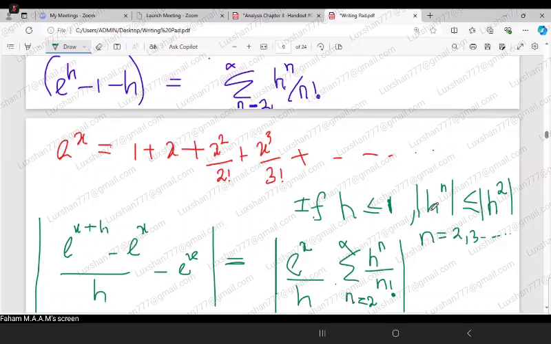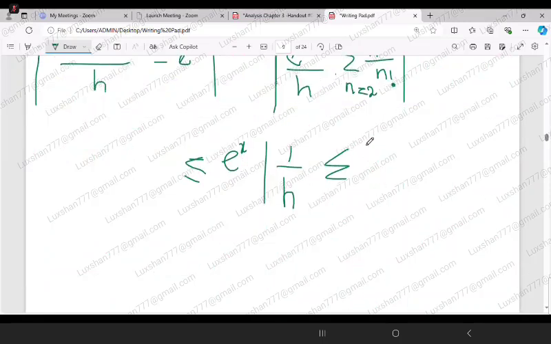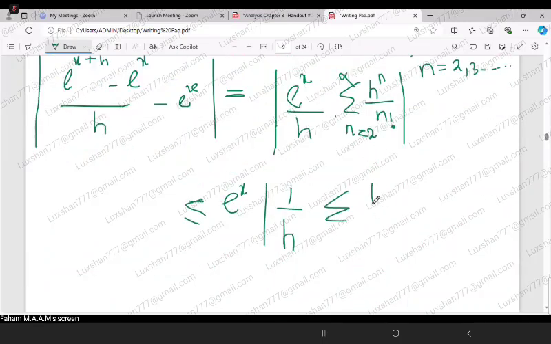We have shown that if h is less than or equal to 1, mod of h to the power n is less than or equal to h squared. Therefore, this is summation h squared over n factorial for n 2 to infinity, if h is less than or equal to 1.